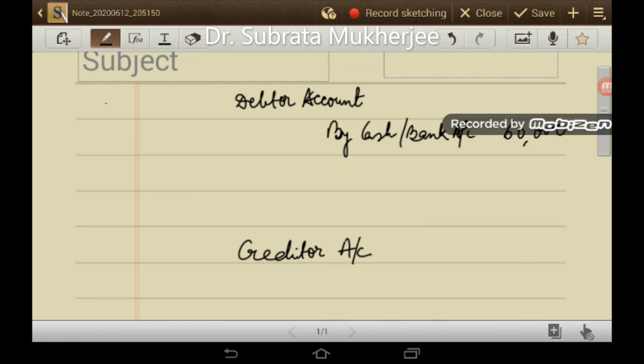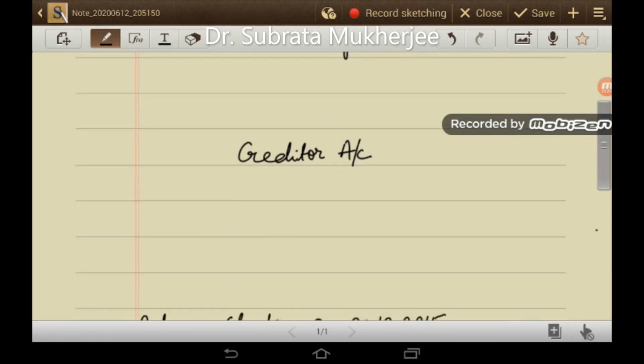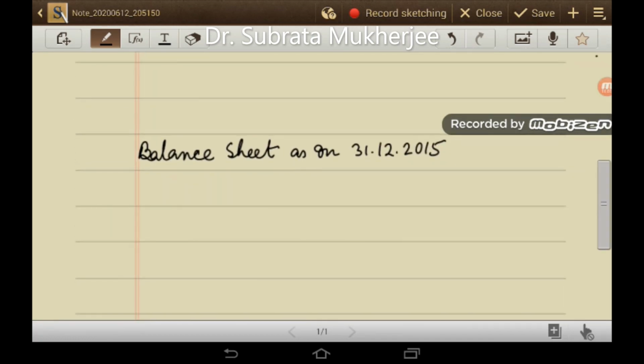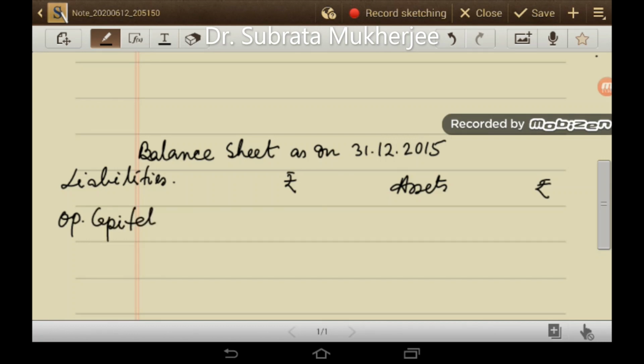Next is further capital introduced. In the closing balance sheet, on the liability side, you have opening capital, add further capital, 5,000, the additional capital introduced.